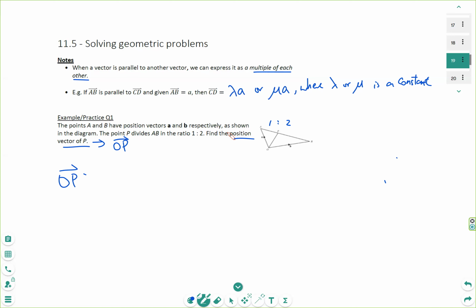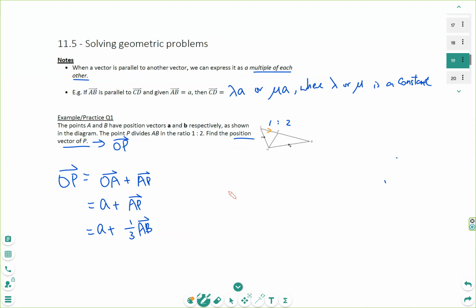So OP, we want to make a route from O to P. Well, simple. OP is OA plus AP. OA is a, but AP is unknown. We know AP can be written as a third of AB. It has to be AB, not BA, because AP is in the direction of AB.